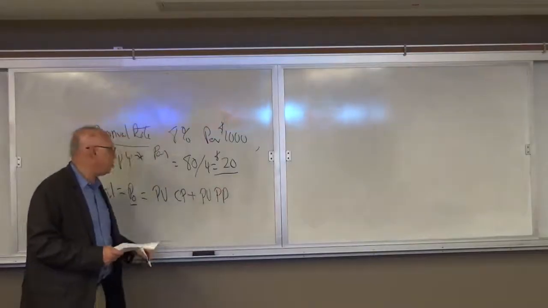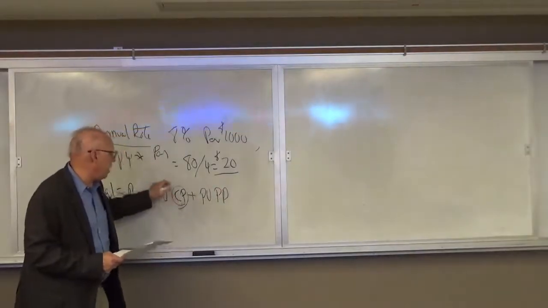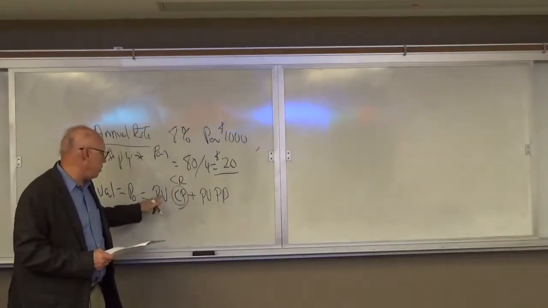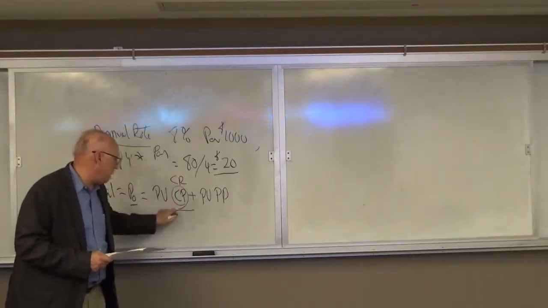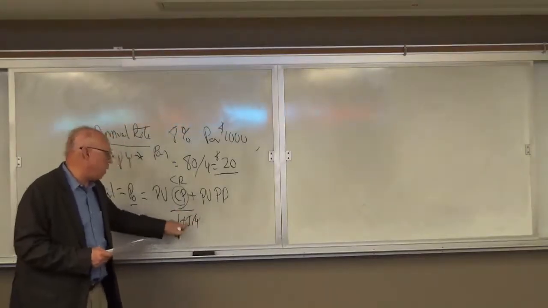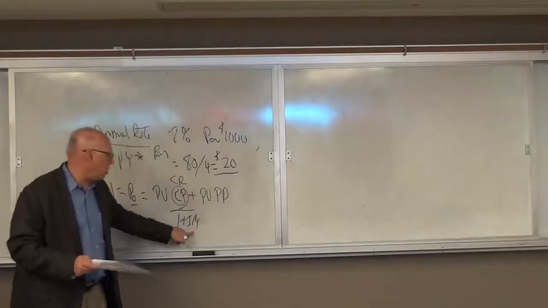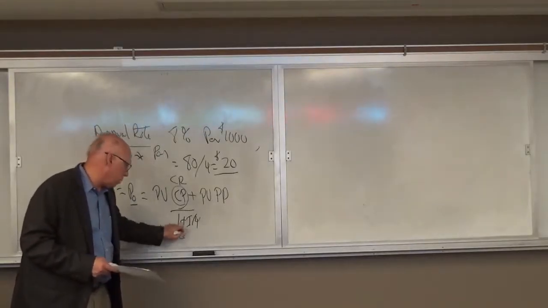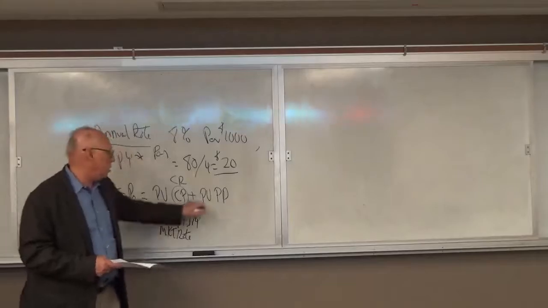And we need to find the coupon payment, and the coupon rate is used to find the coupon payment. And to find the present value, we're going to divide that by 1 plus our I/Y, and our I/Y is not our coupon rate. Our I/Y is the market rate.